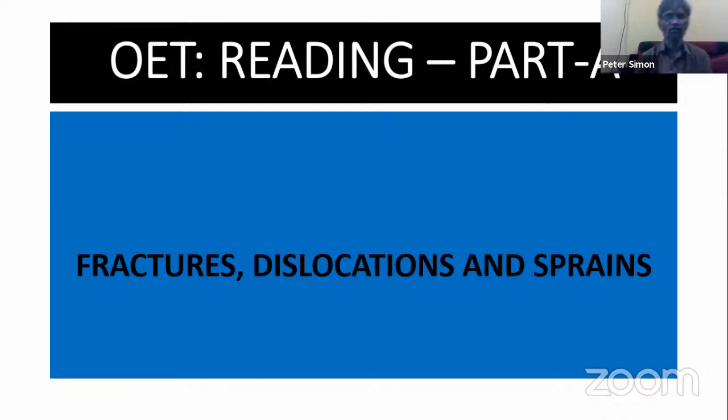This is the first step. First step is study the title. Study the title, not read the title, study the title. So when you say fractures, dislocations, sprains, these are 3 different types of consequences when you fall down, or when you get into an accident, or some problem.